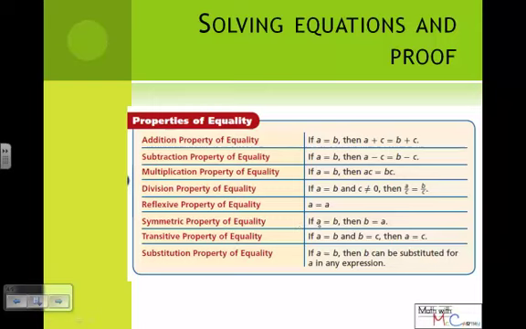The symmetric property, have you ever gotten an answer that said 6 equals x? All you have to do is rewrite it as x equals 6 because of the symmetric property of equality, the transitive property, and the substitution property, which allows you to replace one item with another if they are equivalent. So here are all of our properties of equality that we may end up using.